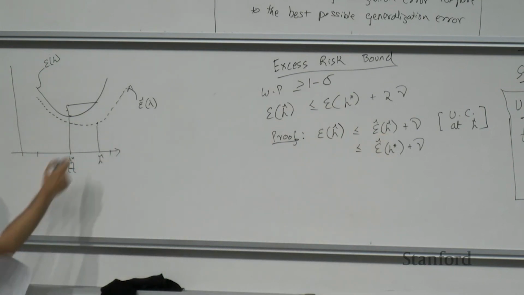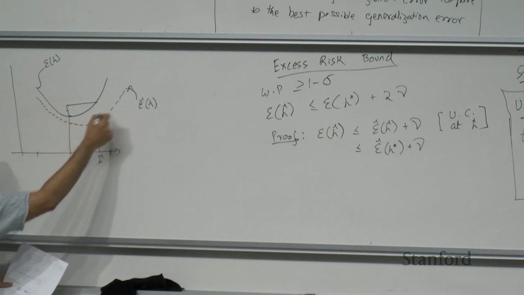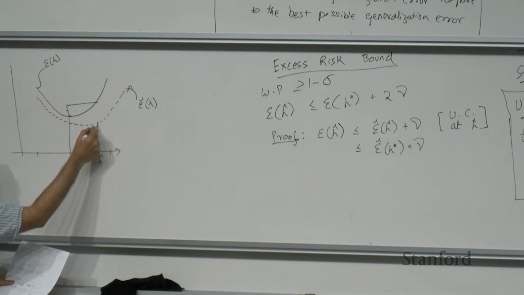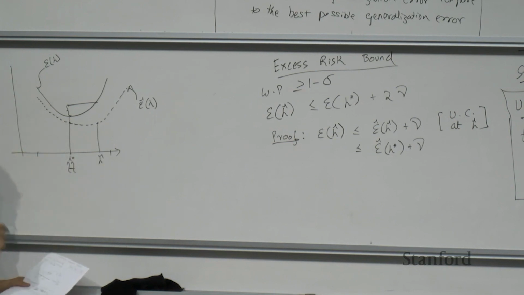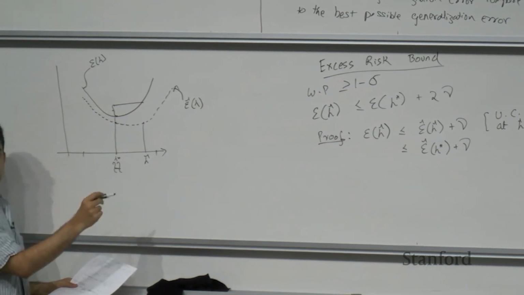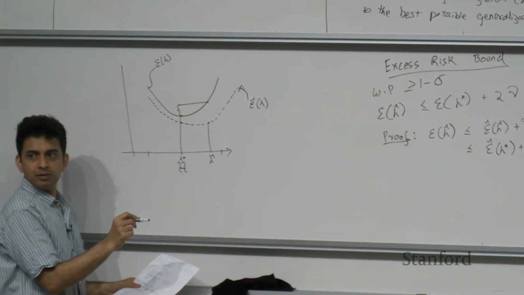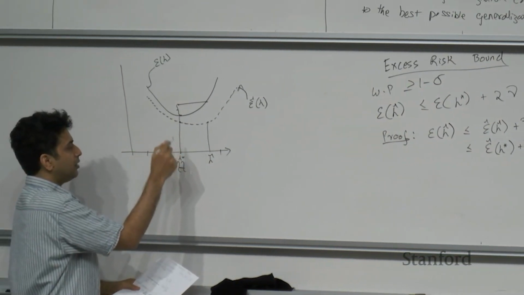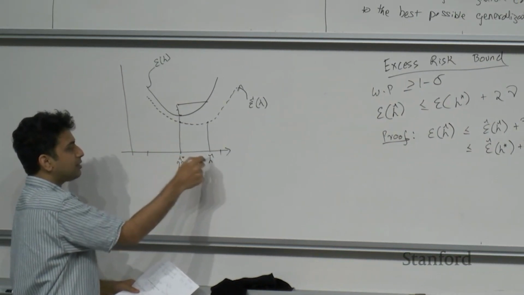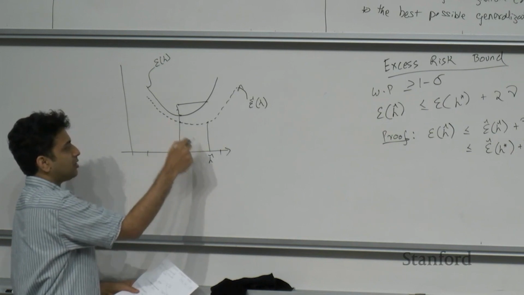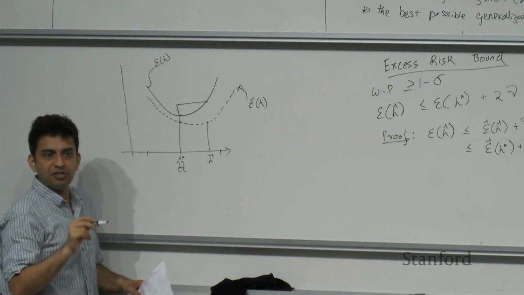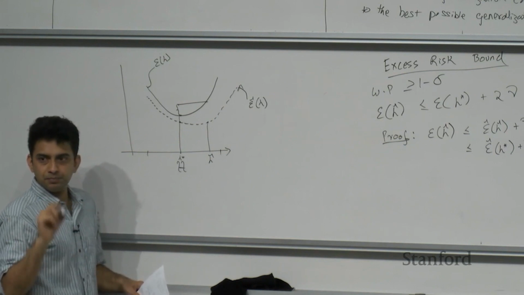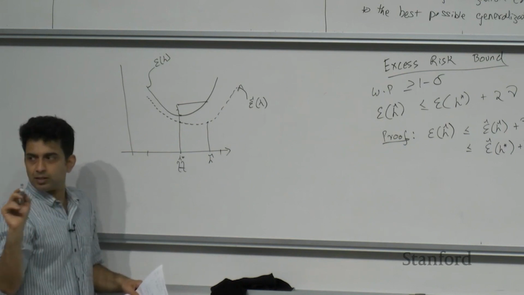That is by definition, because h hat minimizes the empirical risk. So the empirical risk at h star cannot be less than the empirical risk at h hat, because h hat by definition minimizes the empirical risk. Does it make sense?